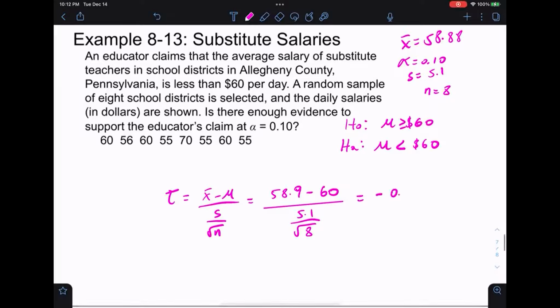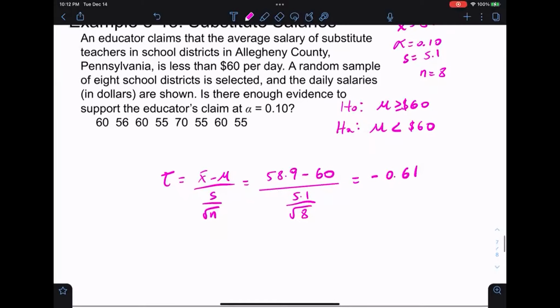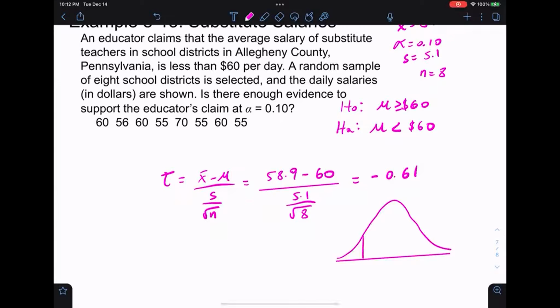Okay, so this is a one-tailed test, right? So remember that. It's a left-tailed test, and I need to find this value. So alpha is 0.10, and the degrees of freedom should be n minus 1, which is 7. I need to look at the table. This is only a one-tailed test, a left-tailed test.